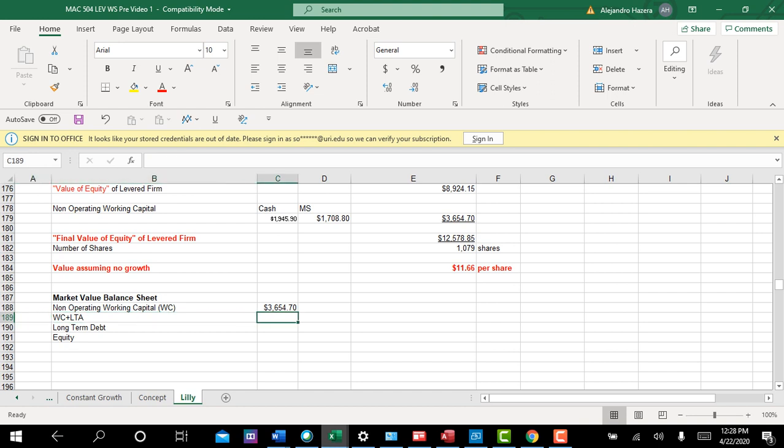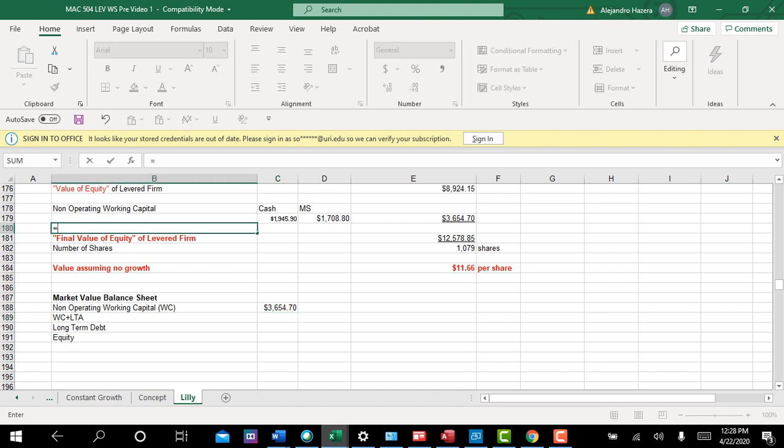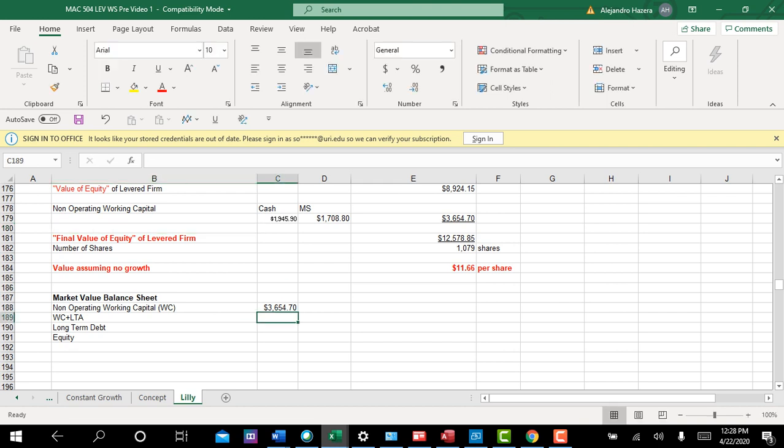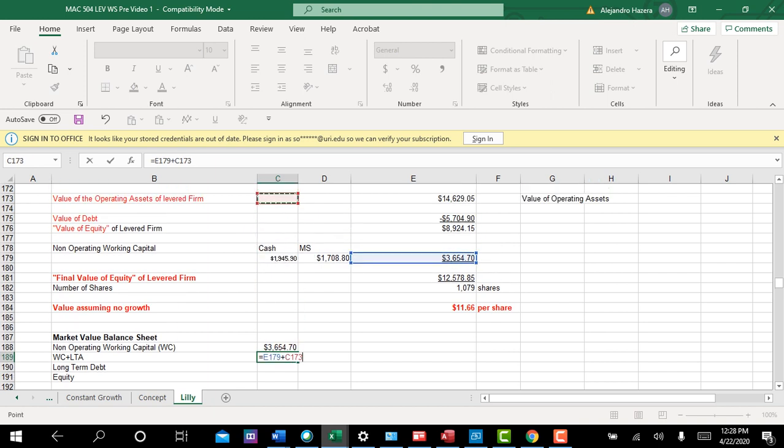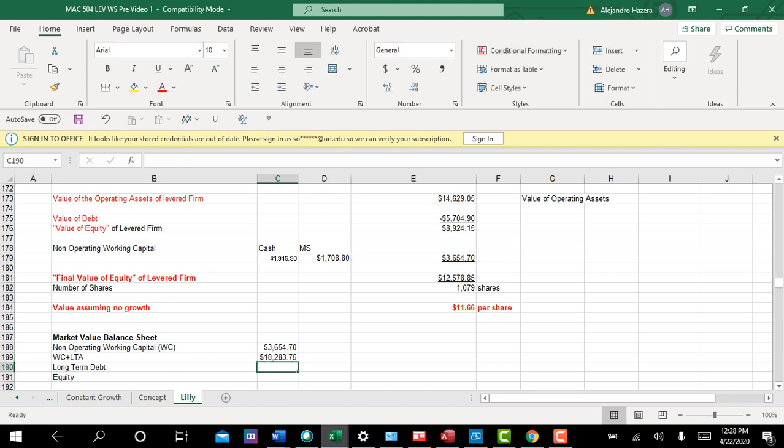The working capital plus the value of the firm is going to be equal to the working capital plus the value of the firm there. Not sure that looks right.